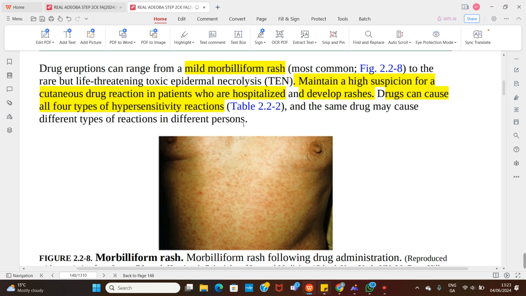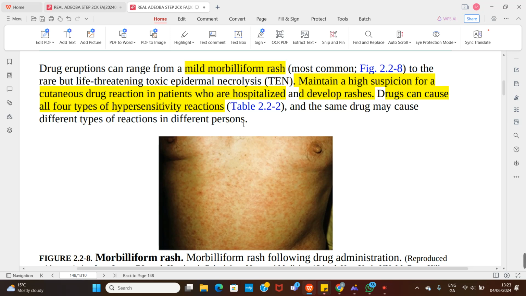And of course, you are going to get some additional features like fever, arthralgia, maybe some renal manifestation, hematuria, lymphadenopathy. You think about serum-like sickness. That is a type 3 hypersensitivity reaction to drug use.